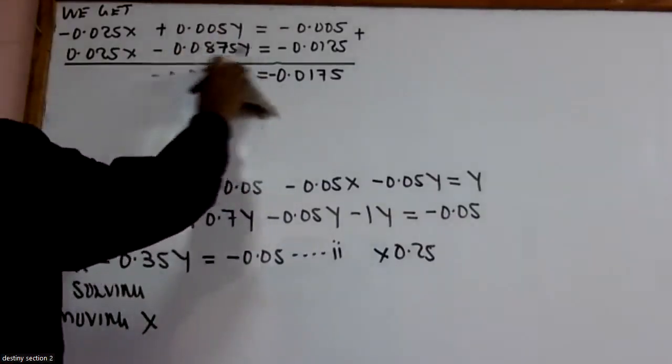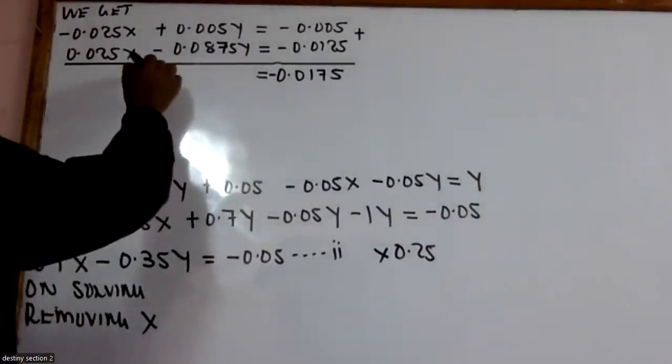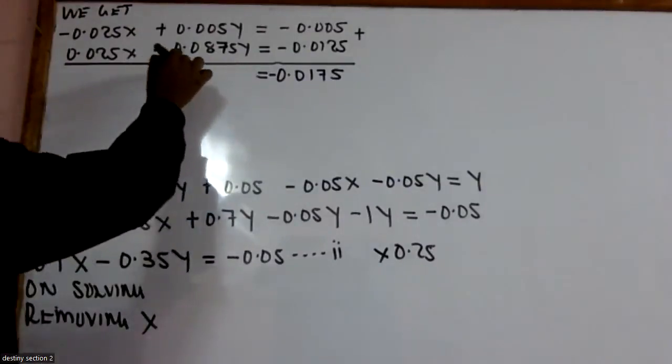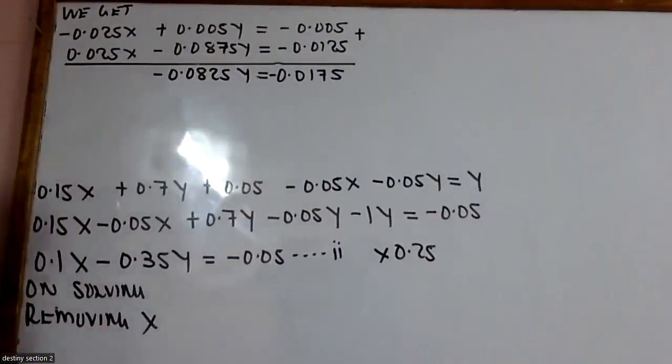Then tell me the answer. You say it should be negative 0.0825.